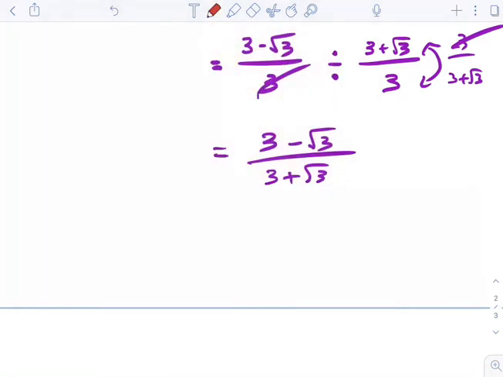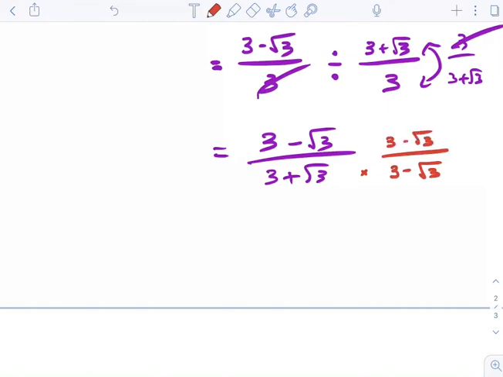So one thing that you learned last year in order to get rid of it was what we called rationalize the denominator, and we can do that by multiplying by its conjugate. A conjugate means keep the numbers the same, but change the sign that's in between. I can do that to the top and bottom, no problem.